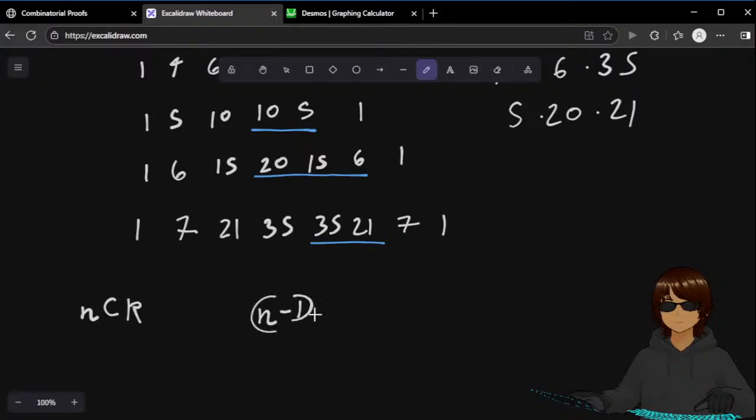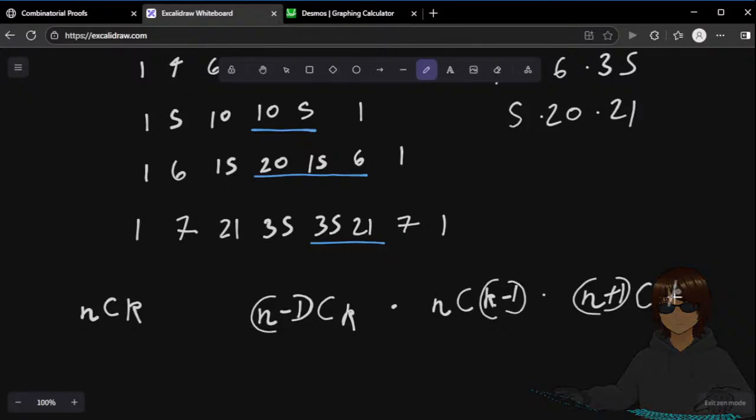n minus 1 choose k times n choose k minus 1, and then times that by n choose k plus 1.